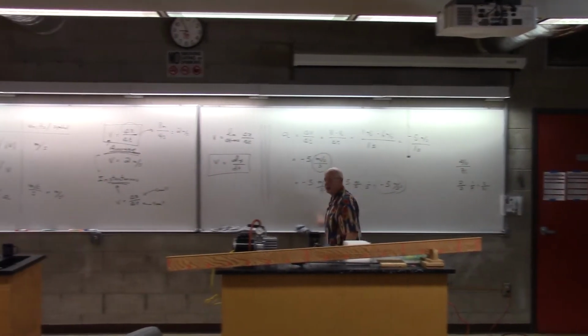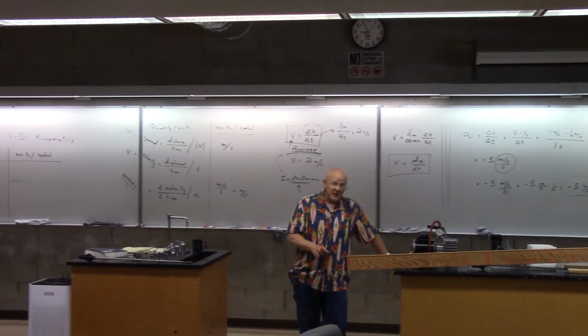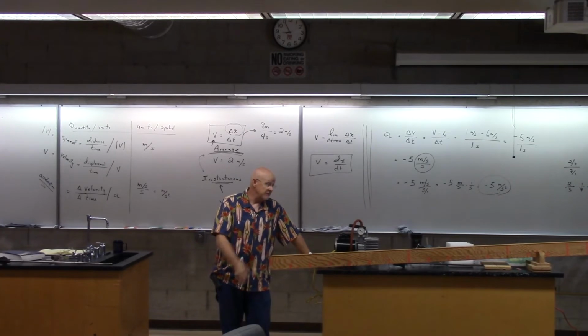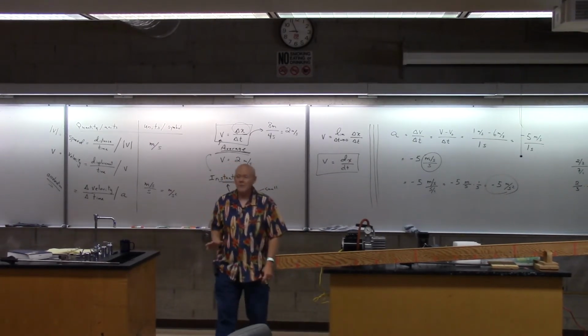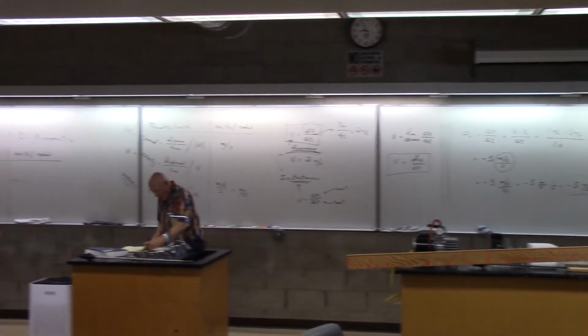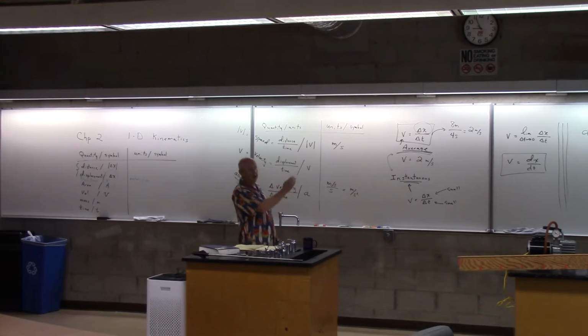So I hope I didn't spend too much time here, but that one I think deserves a little bit more than velocity, because I think it is very easy to confuse, and I've seen students do that. But I would say then that we are almost done here with the concept.